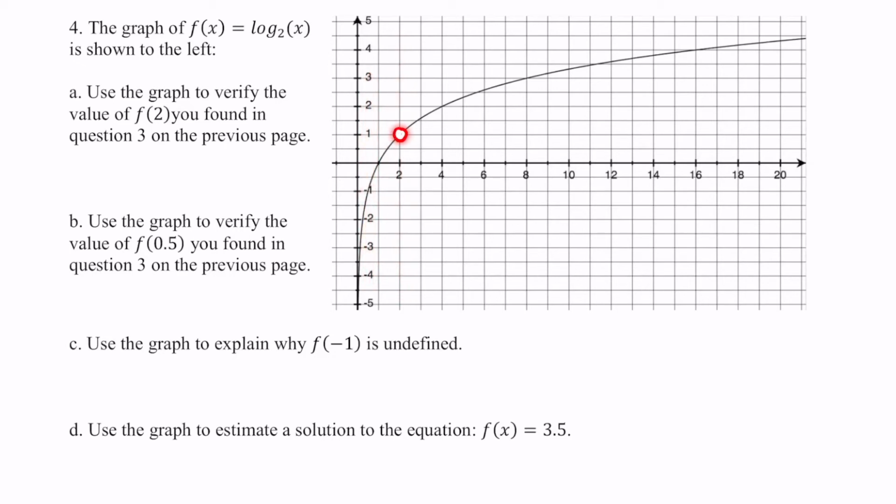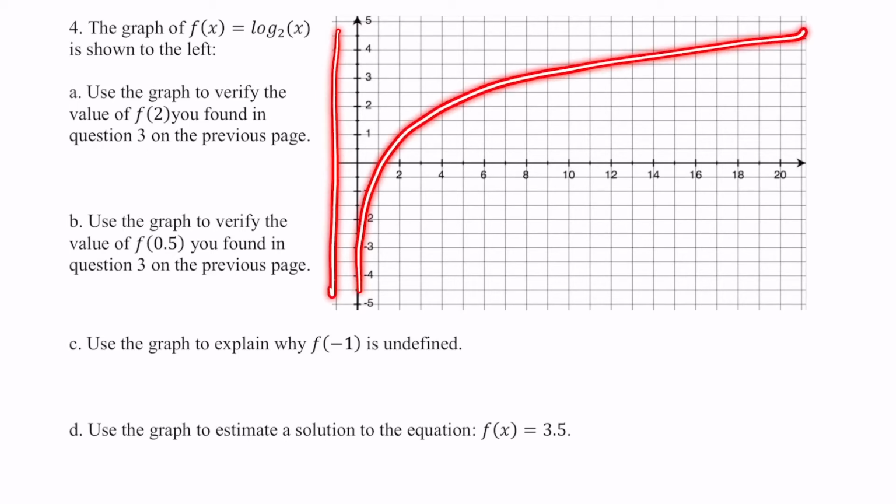So in this case, it was 1 for part A and -1 for part B. So where is -1? -1 is here. And now, does this vertical line ever intersect this graph of f of x? It does not. That tells me that f of -1 is undefined, since there is no place where these two graphs or these two lines will meet.